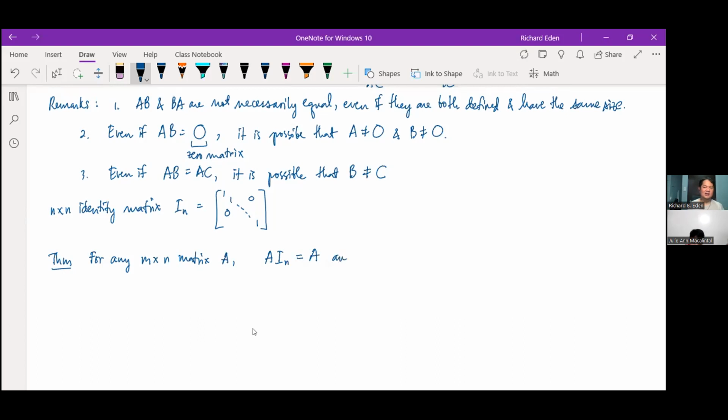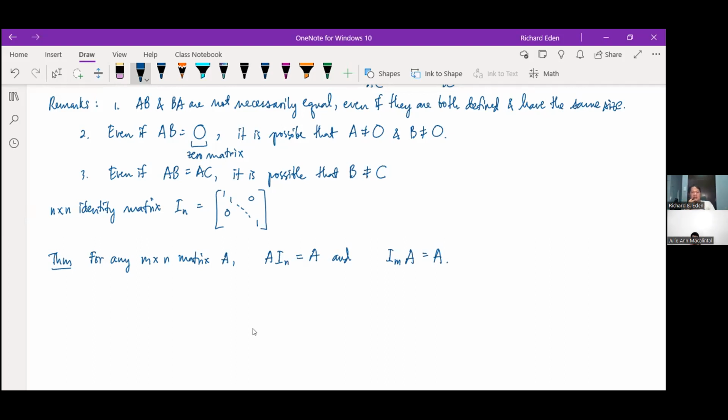A. And also, so here what I did is, matrix A is post multiplied by I sub n. Here, what I want to do is pre-multiply A. But because A is M by N, then we should choose the M by M identity matrix. This is also going to be A.